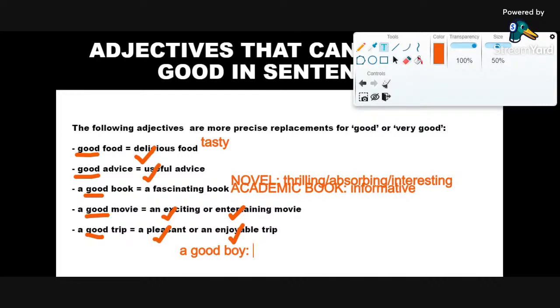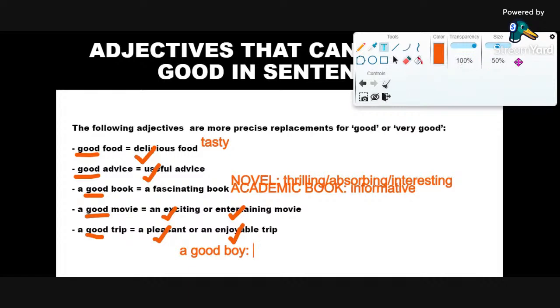There are different adjectives that can precisely describe the aspects of the boy that you are talking about. So the word good can be vague, and so that is why we are looking for more precise replacements for good or very good.